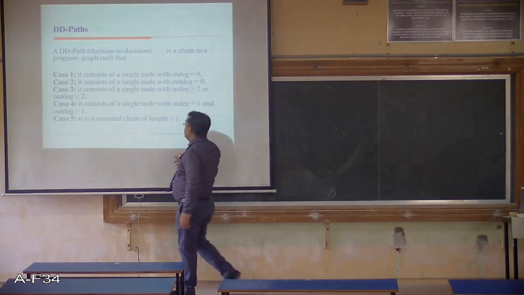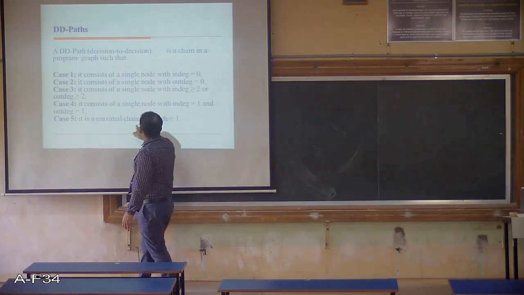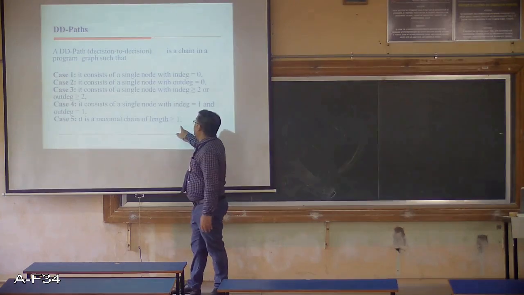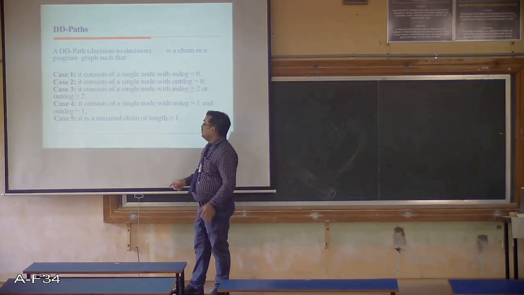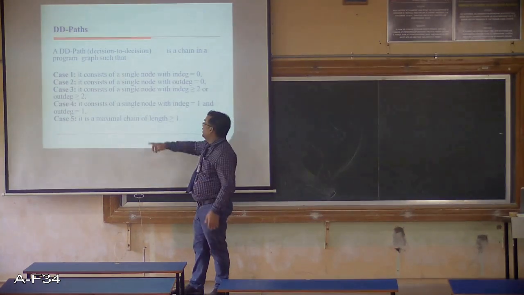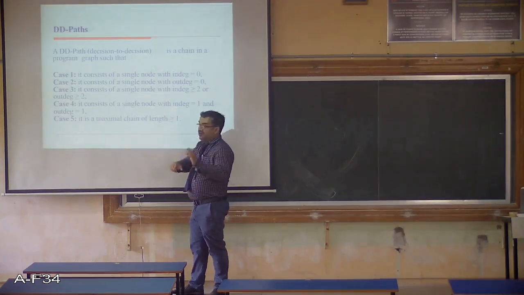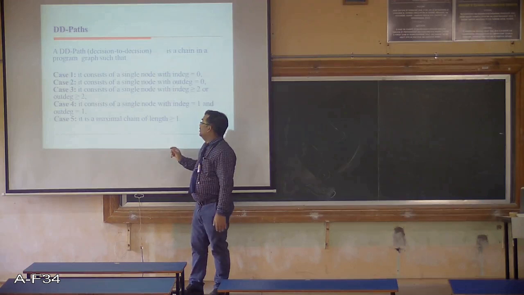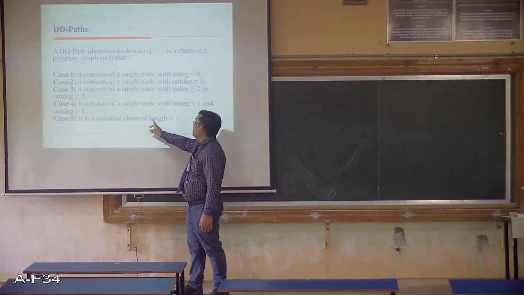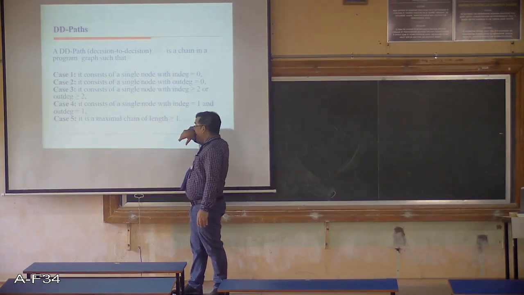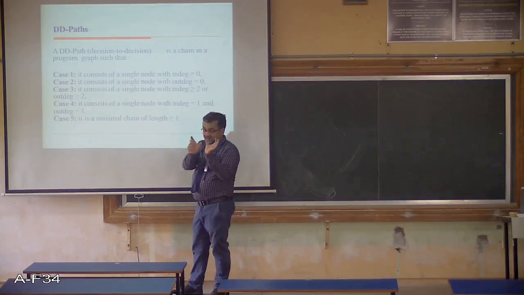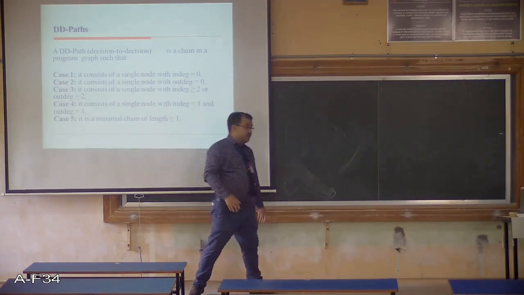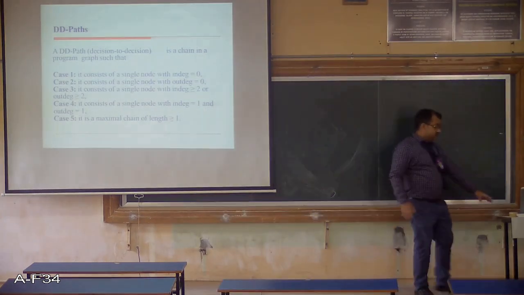Okay. So after that, case 5 is the maximal chain of length greater than or equal to 1. The nodes in case 4 form a segment, and the length of that segment is indicated in case 5, that is the maximal chain. I have already told you what a chain is.